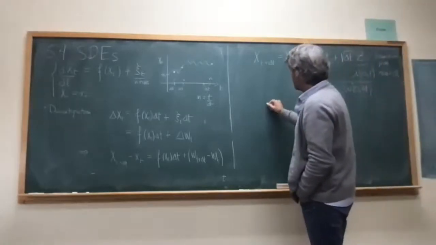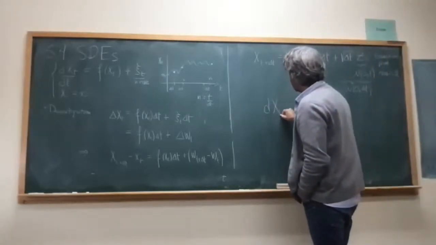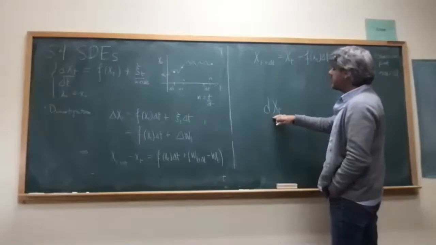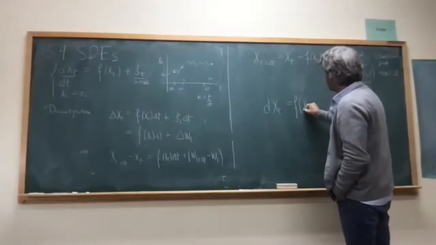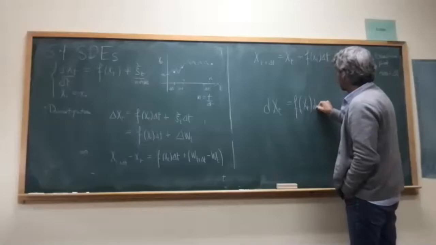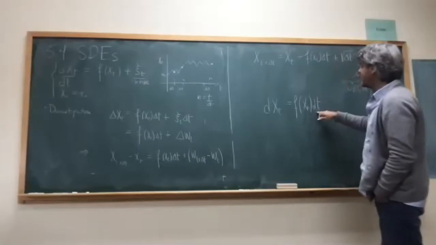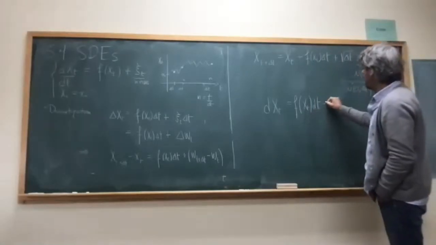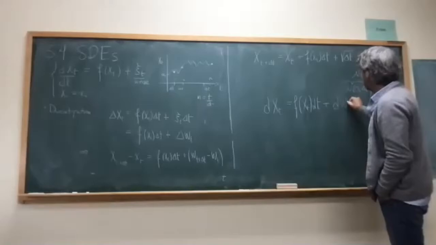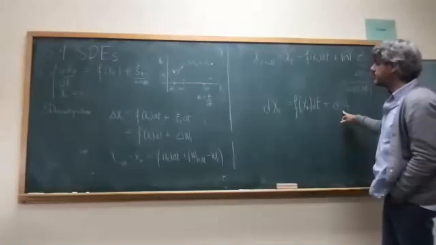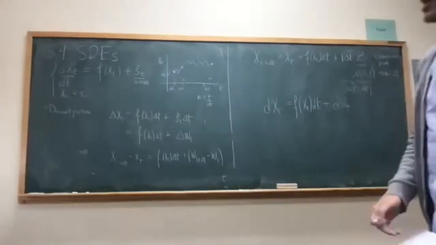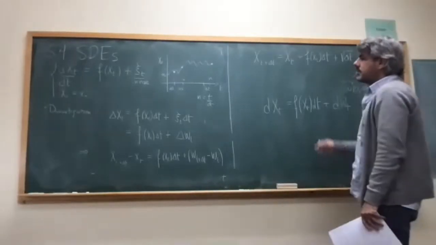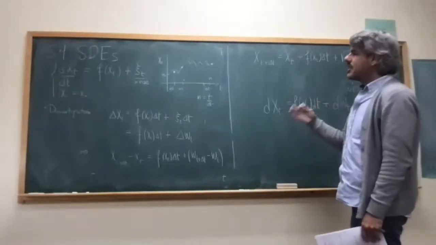In mathematics, what you'll see is a notation like this. The infinitesimal variation of the process is given by some function of the process times the infinitesimal time increment plus dW_t. And so this is an infinitesimal increment of the Brownian motion. Now, the reason why you'd see this in mathematics is because, I haven't discussed this, but Brownian motion is not differentiable.